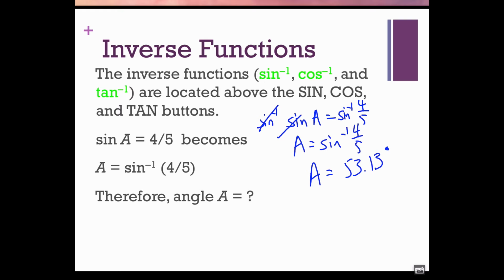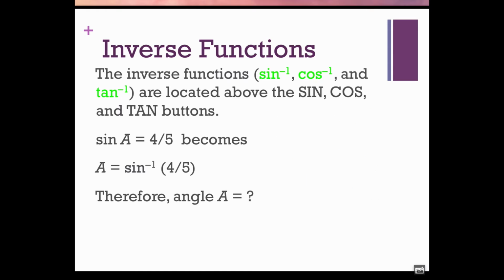Yeah, 90 minus the answer on your calculator, and you get angle P is equal to 36.87. Did I do that right? Okay, good. So these all come from setting up that same equation. The equations that we set up Friday are the same equations we set up today, except that you have to solve them a little bit differently.